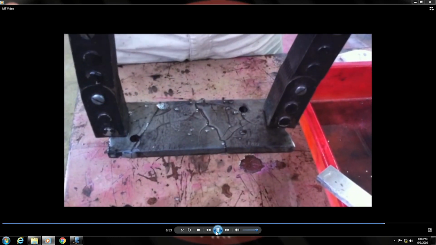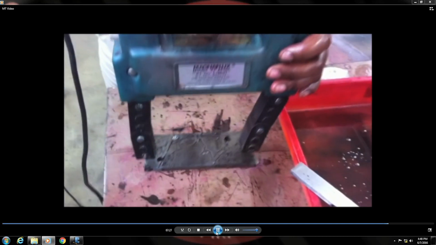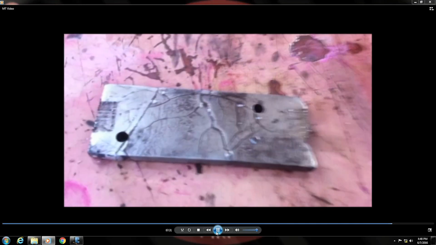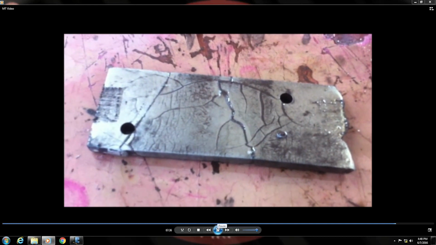And now, you could see, as we have changed the direction of the field, a lot of other cracks also are coming out.